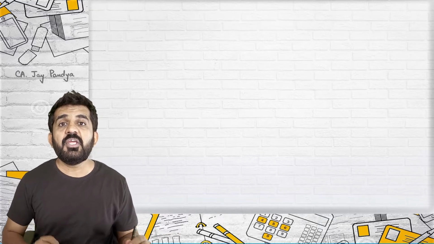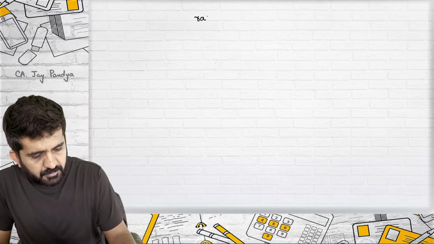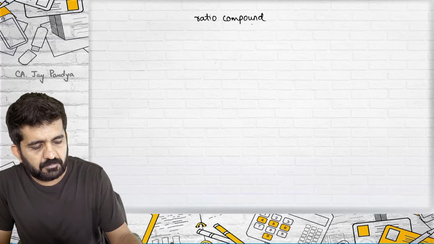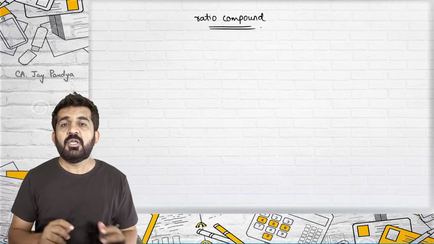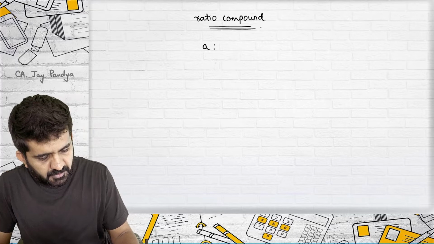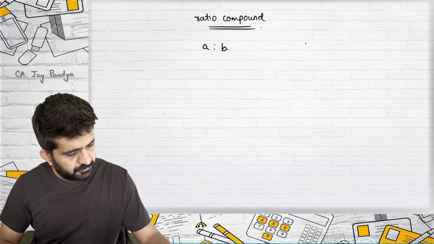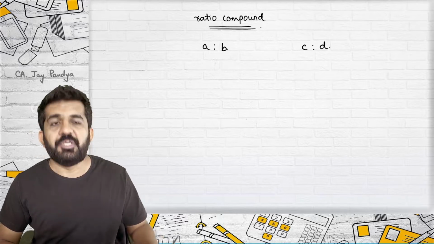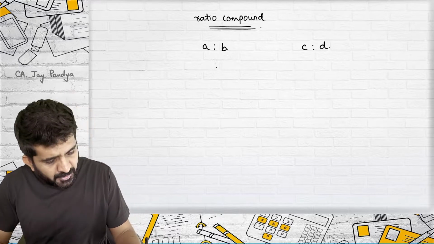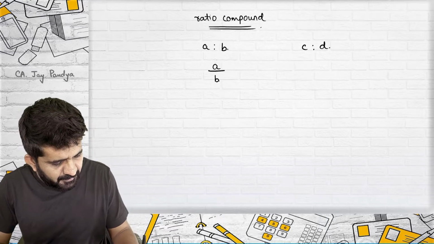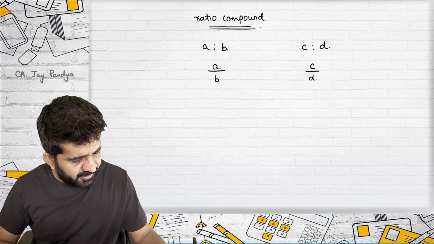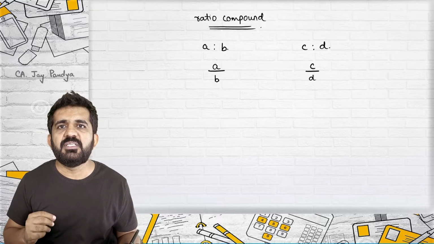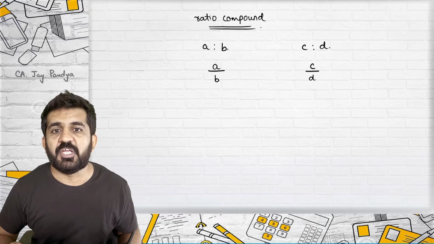Second is ratio compound. Now, if there are two ratios, A is to B and say C is to D, I can also write down A is to B as A divided by B and C is to D as C divided by D. Then ratio compound is nothing but multiplication of two ratios.